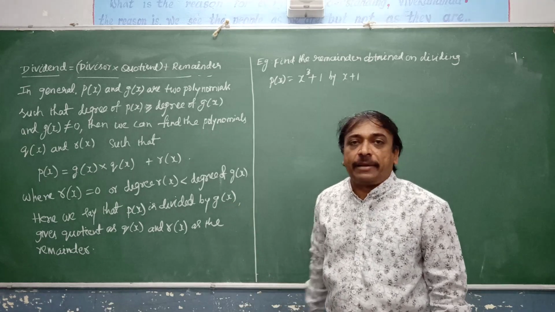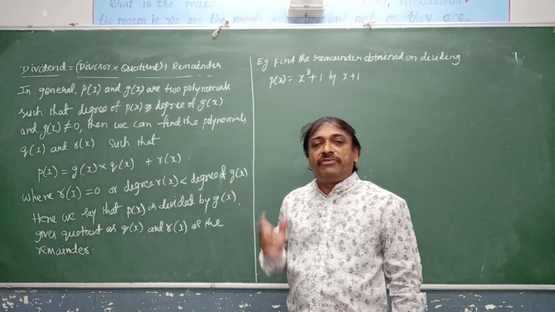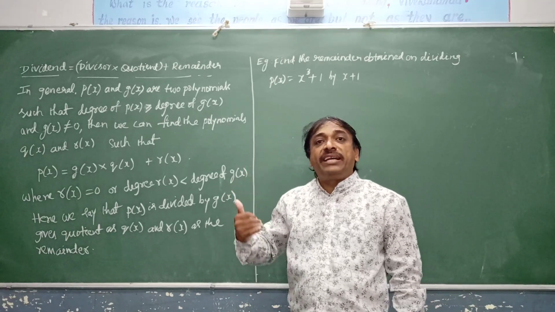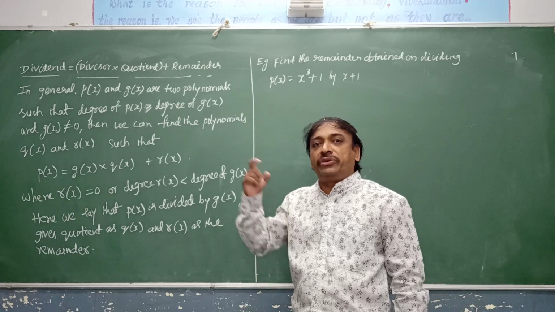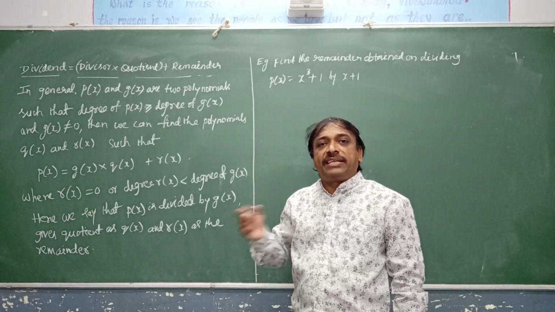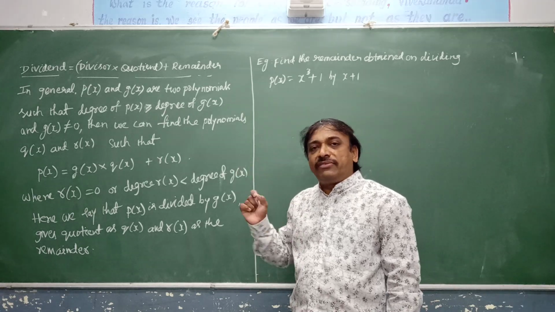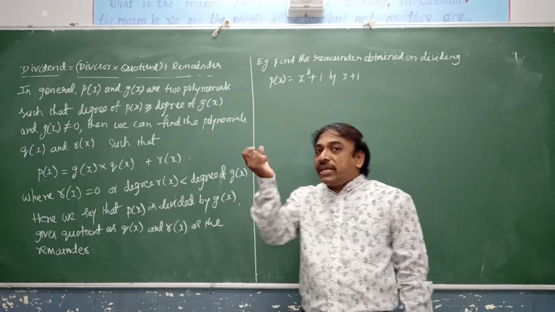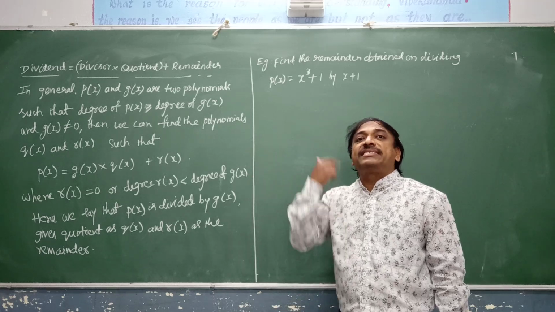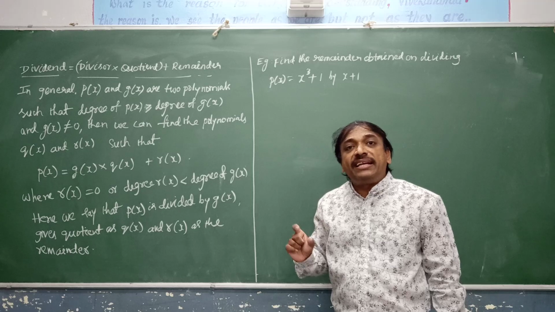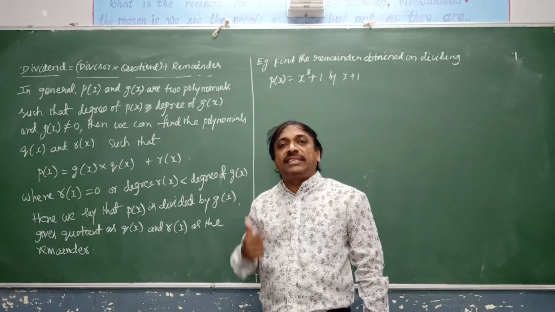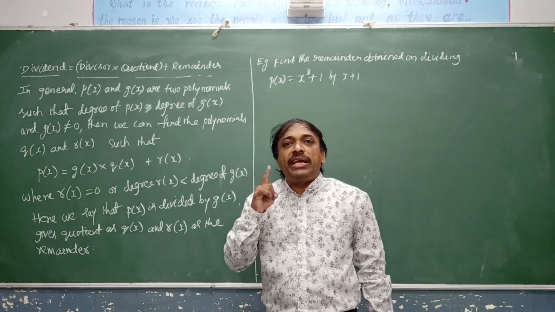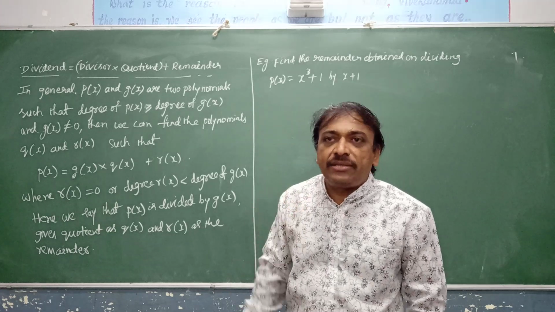That is what we discussed in the previous session. Even with numbers, when you divide 21 by 6, 6 is the divisor and 21 is the dividend, and the remainder is always less than the divisor. Then only your division is right.